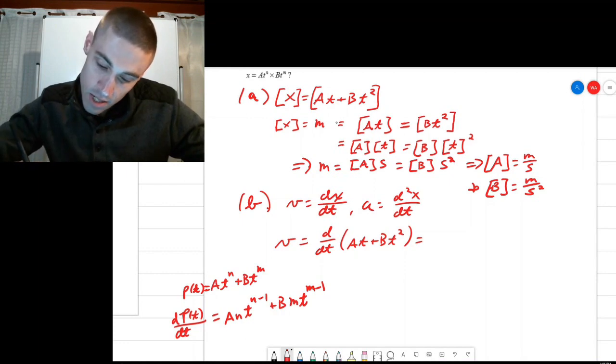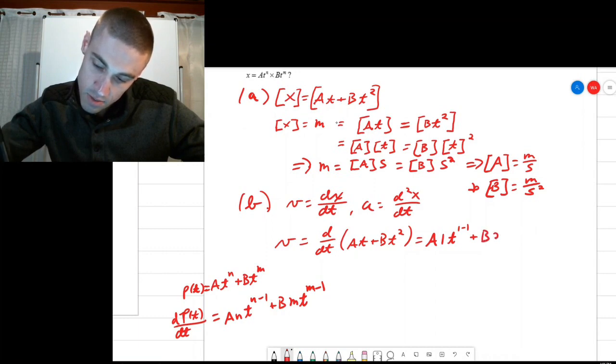So that would mean this has a times 1 t to the 1 minus 1 plus b times 2 t to the 2 minus 1.